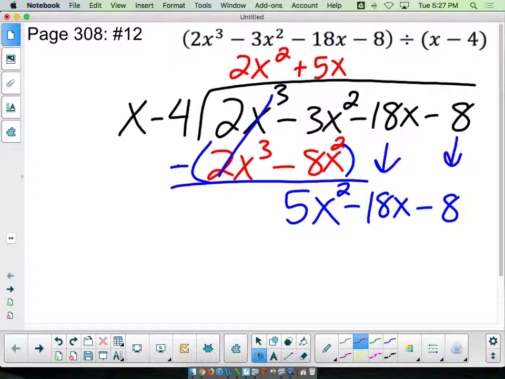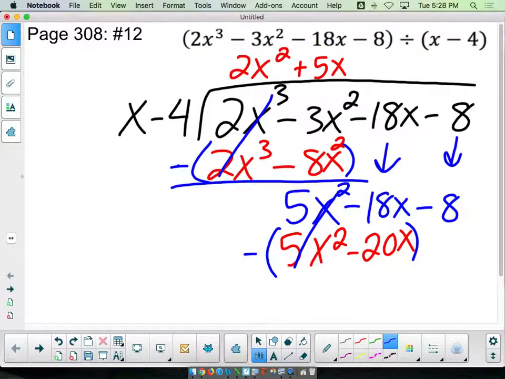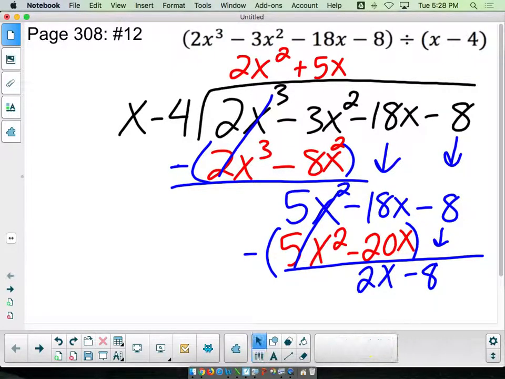Then if I take the 5x and multiply it to both things over here, that'll give me 5x squared minus 20x. Again, at this point, I'm going to subtract. 5x squared take away 5x squared is 0. Negative 18 minus negative 20 is 2x. I bring down the minus 8.